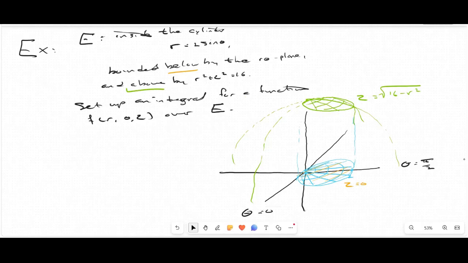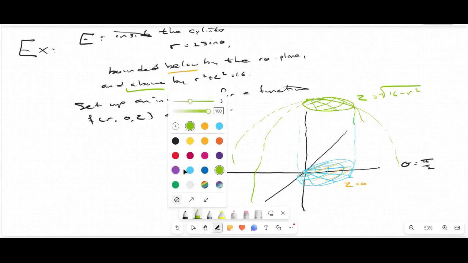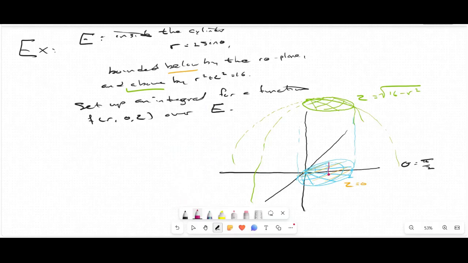So take a moment and reflect on that. I've got z navigating from some lower point to some upper point. Wherever I start in r and theta, z starts at 0. But once you've chosen a place in r and theta to start, and z starts going up, where z ends depends on r.